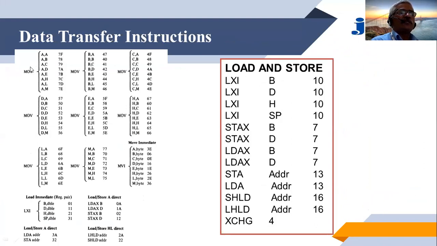When you see the chart in front of you, you find that the instruction move can take different forms. The basic purpose of the move instruction is the data transfer, from a source location to a destination location. So as you change the source and destination, the operation code in hexadecimal format will change for that instruction.